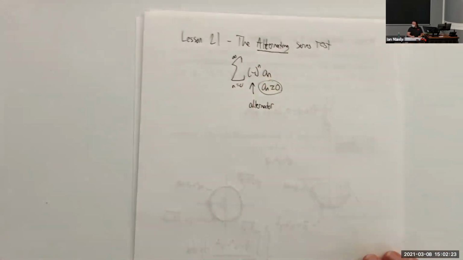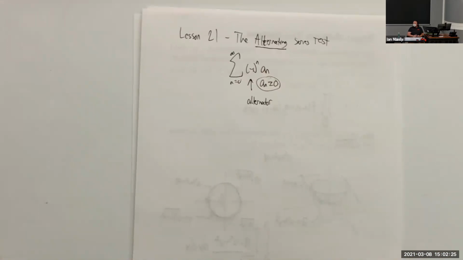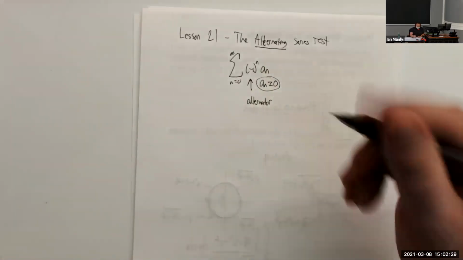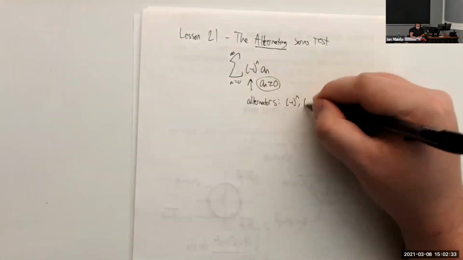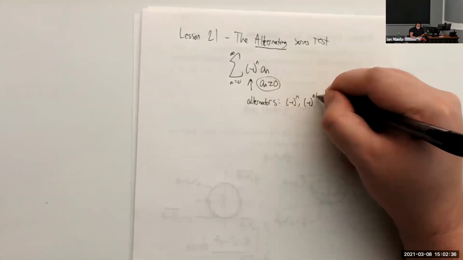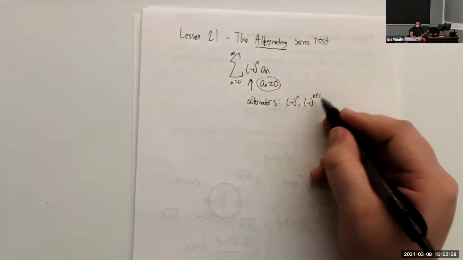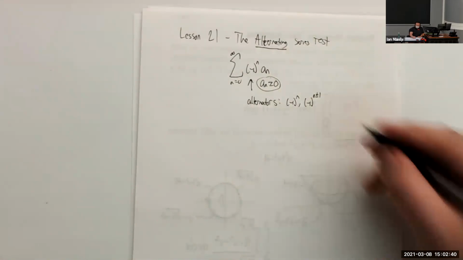And -1 to the n is by far the most common alternator, but there will be a bunch of other alternators that we're going to see as well. So some alternators that we can use are -1 to the n. We can also use -1 to the n plus or minus 1. If you shift it by 1, it's not going to change anything.